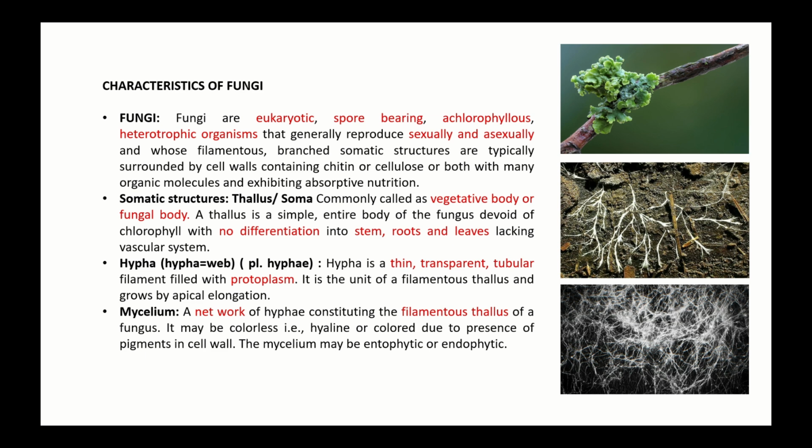Eu means true, karyon means nucleus, so the fungus has a true nucleus. Spore-bearing: it reproduces through sporulation or conidiospores. Achlorophyllous: it cannot prepare its own food. Heterotrophic organism: it reproduces sexually or asexually in the plant body.